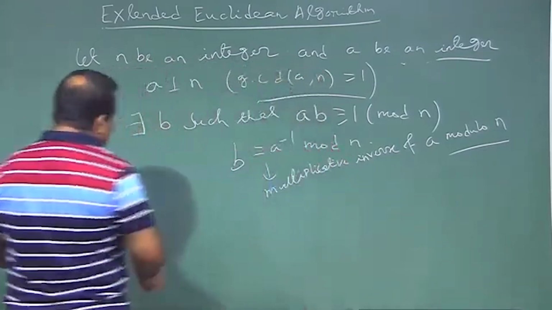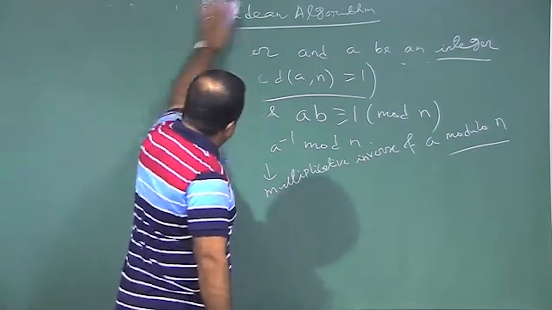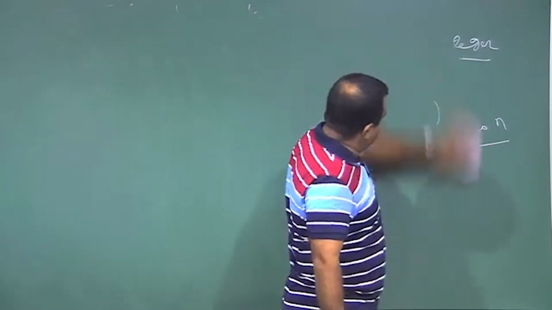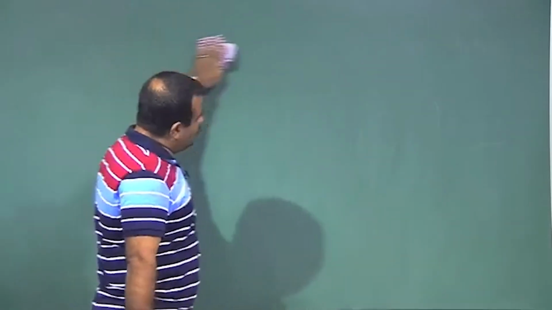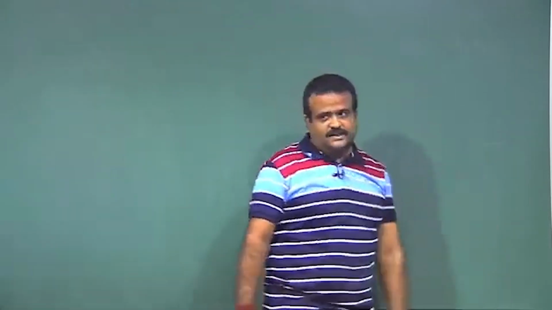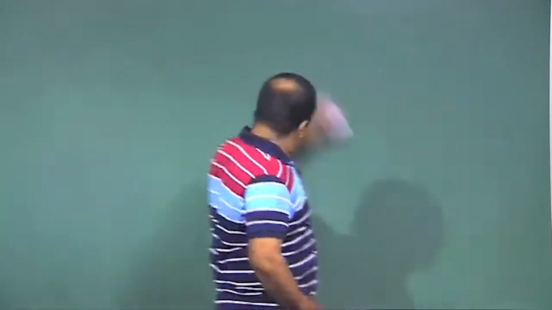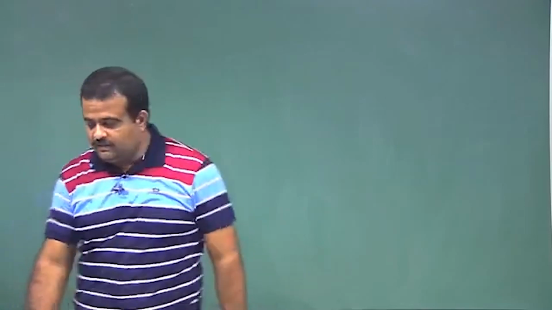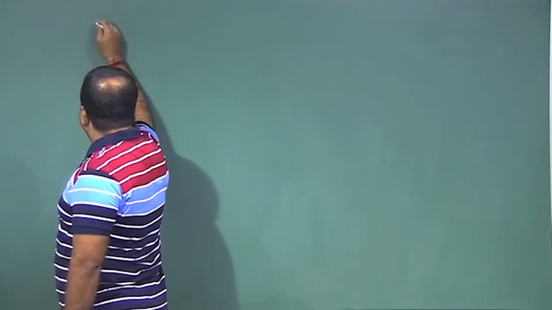So, this is how we define the inverse of a, and for existence of inverse we know that a must be relatively prime with n. So we need to know how we can find the inverse a inverse.